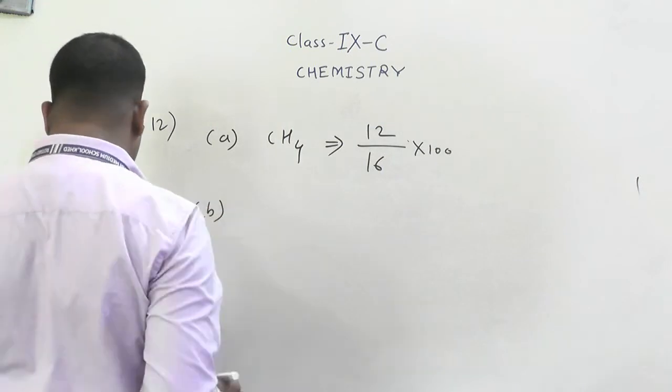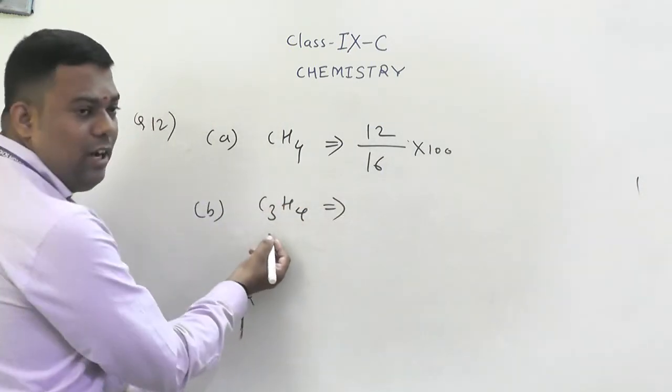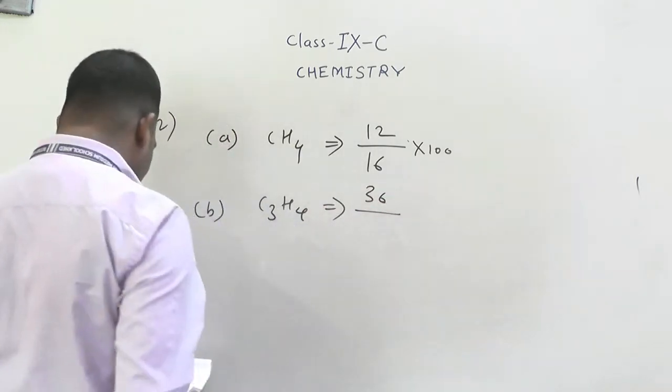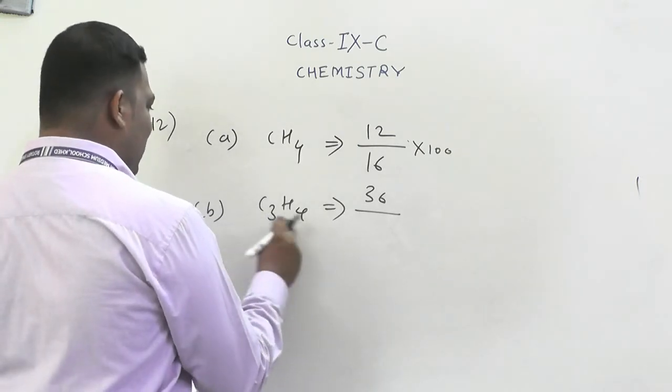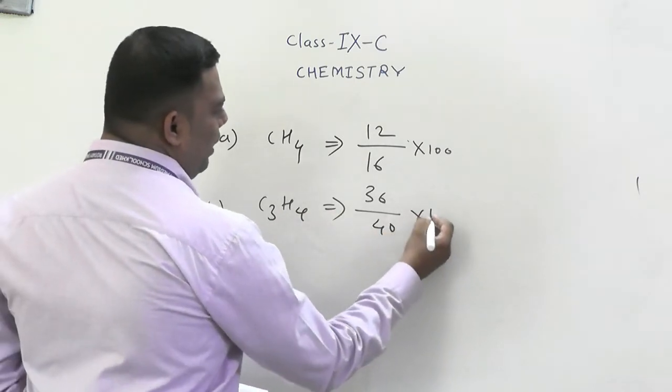Small b, how can we cross check? C3H4. Here carbon is 12, 12 times 3 is 36. So 36 divided by the total atomic mass, 40, into 100.